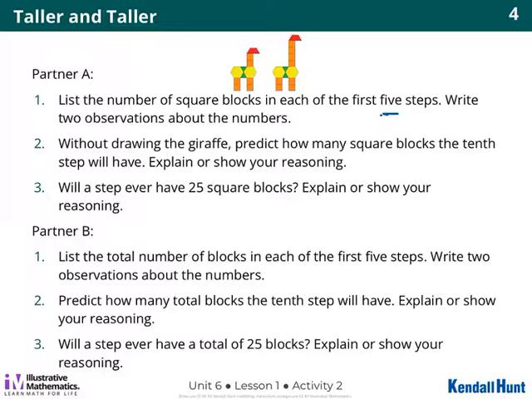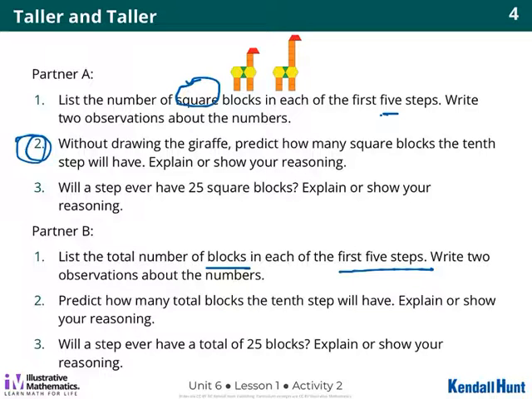Explain or show your reasoning. Guys, do you think you can do it without drawing? Yeah. Okay, we'll see. Will a step ever have 25 square blocks? Explain or show your reasoning. Okay, so while partner A is doing that, partner B is going to list the total number of blocks in each of the first 5 steps. Okay, so do you guys see how partner A is going to focus on square blocks?